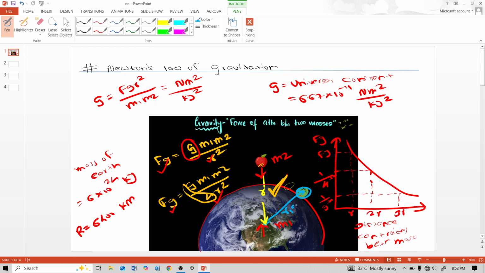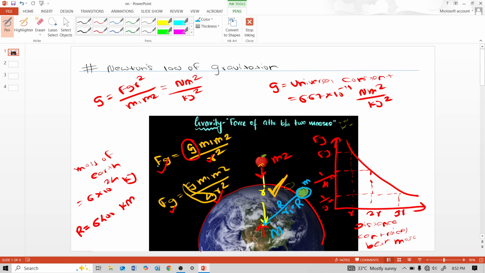Then what will happen? The centroidal distance between this stone and this earth is equal to the radius of earth, because this is the radius of earth. And in this case, assume that the mass of earth is capital M, and the mass of stone is small m.